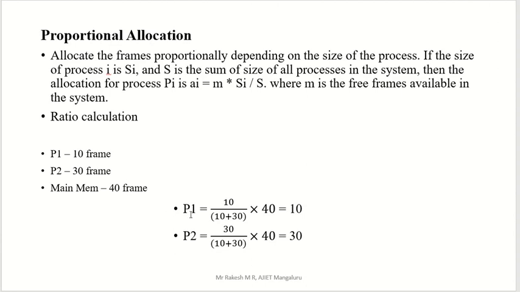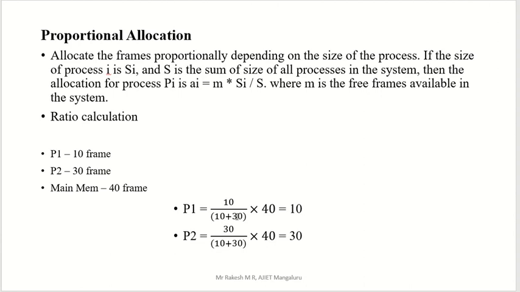So for the ratio, P1. What is the P1 proportionality? How many frames will P1 get? P1 is equal to, first, how many pages demand is there? 10. So write 10 divided by, how many processes are there? 2. What is the demand from the first process? 10. What is the demand from the second process? 30.